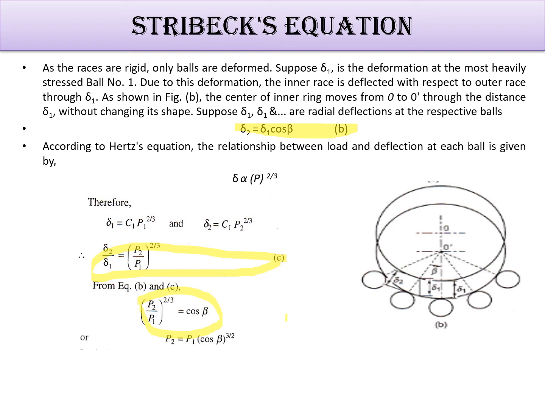Just see here, I am highlighting. In a similar way, P3, P4 and all the other loads we can find out: P1 cos 2 beta to the power 3 by 2, P1 cos 3 beta to the power 3 by 2, and it goes on like this.